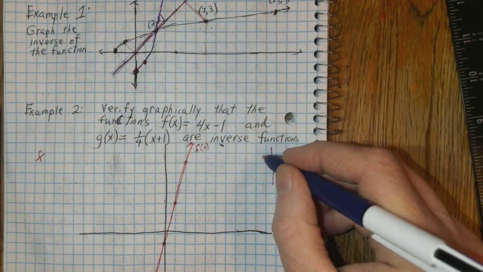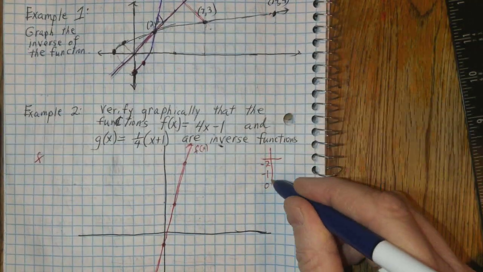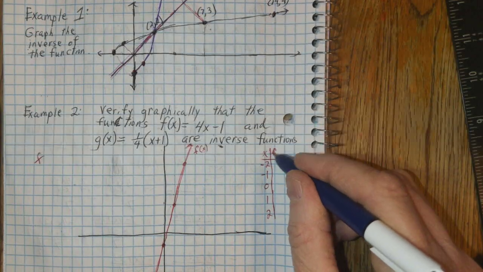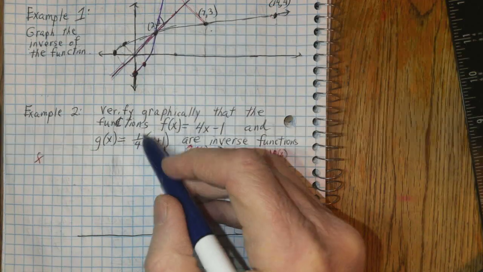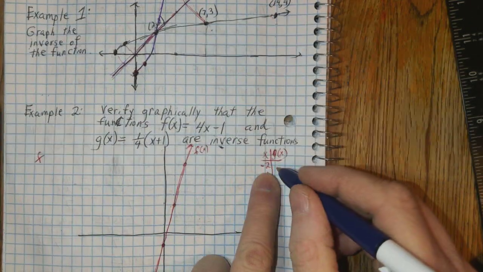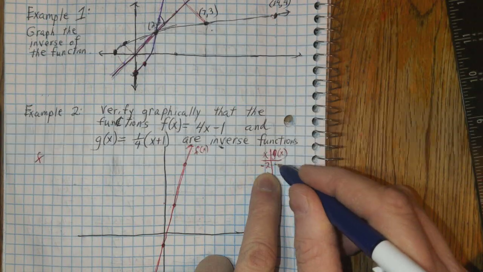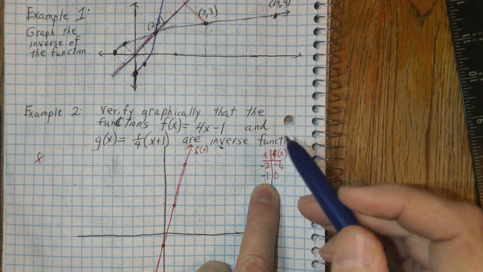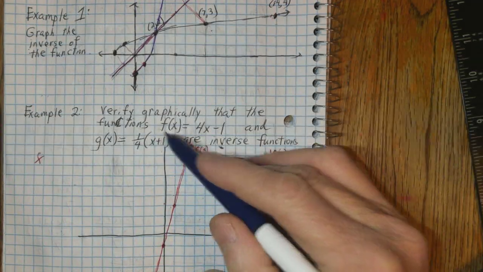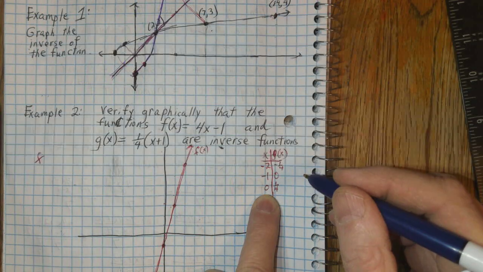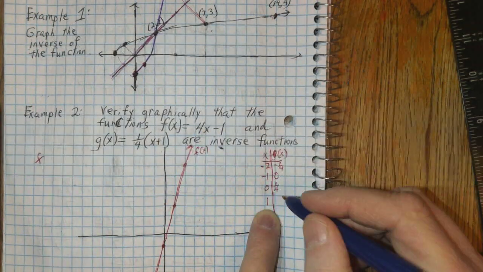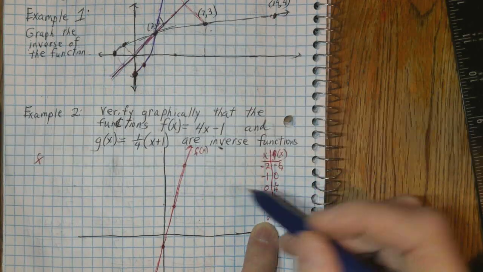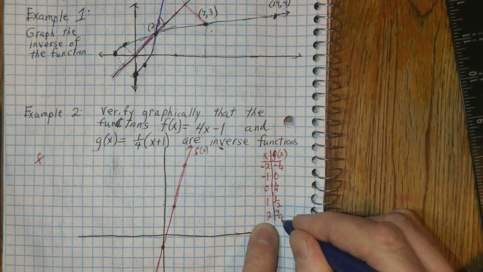Let's go like -2, -1, 0, 1, 2 for x. -2 plus 1 is -1, and a fourth times -1 is -1/4. -1 plus 1 is 0, and a fourth times 0 is 0. 0 plus 1 is 1, times 1/4 is 1/4. 1 plus 1 is 2. 1/4 times 2 is 1/2. 2 plus 1 is 3. So that goes 3/4 there.